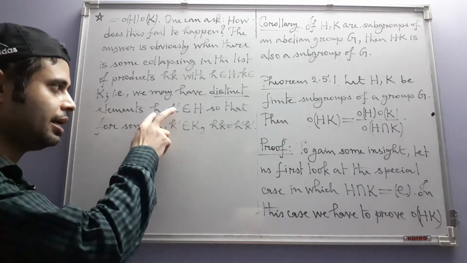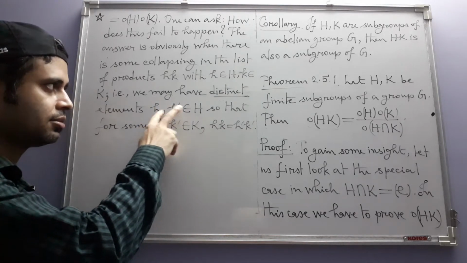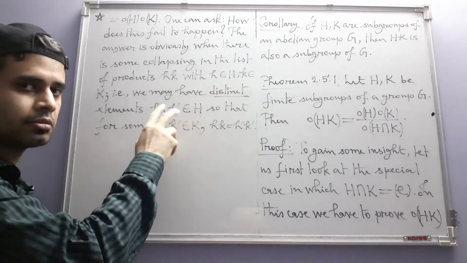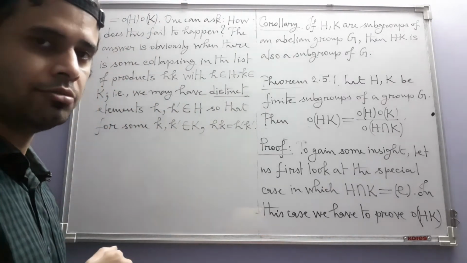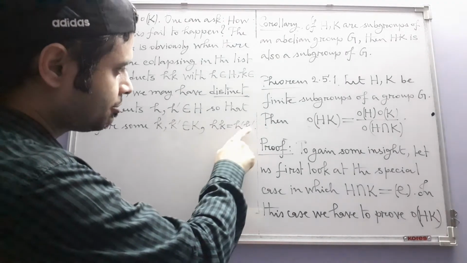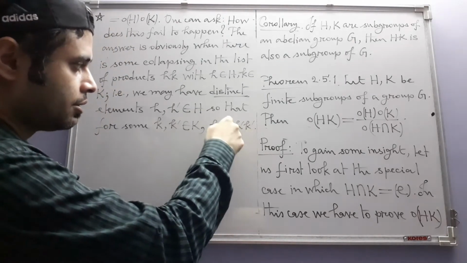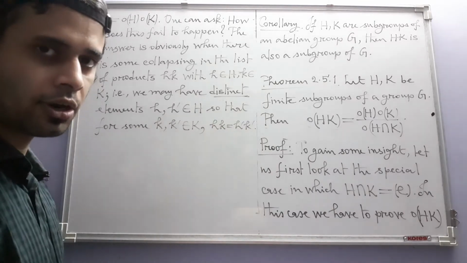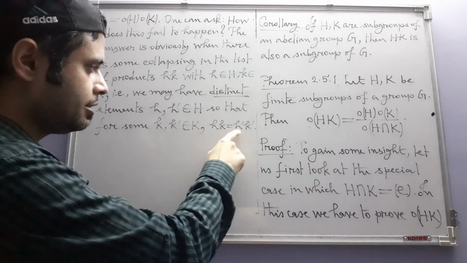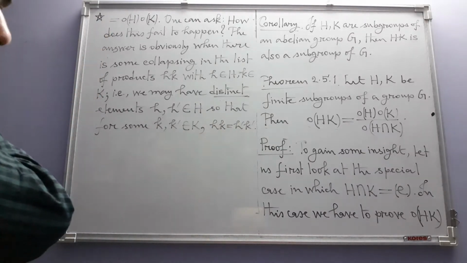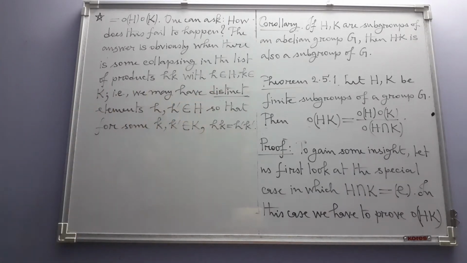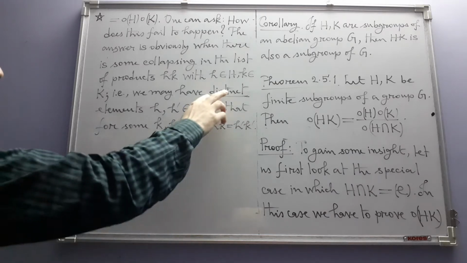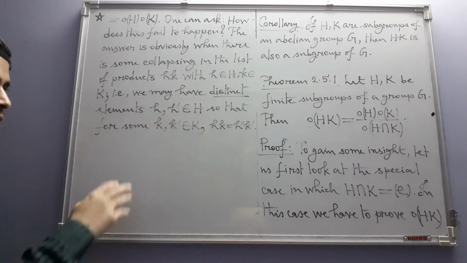You see, if h and h prime are different, that's what we are assuming here, then k and k prime also have to be different, because otherwise if k and k prime are equal, then you can use the right cancellation law to conclude that h and h prime are also equal, contrary to how we have chosen h and h prime. So it's enough to consider distinct h and h prime.